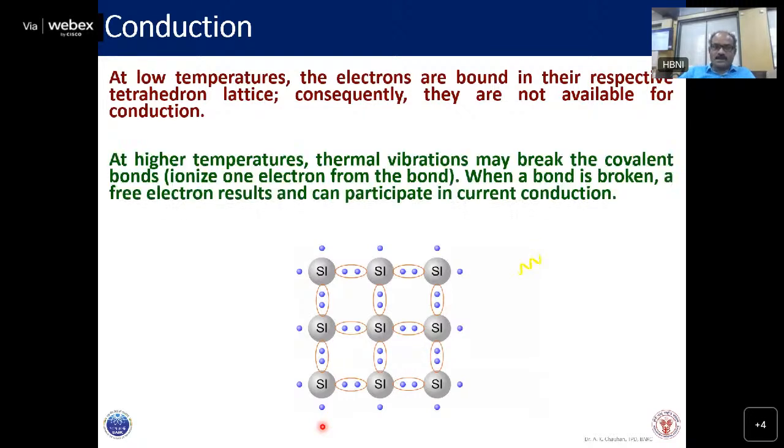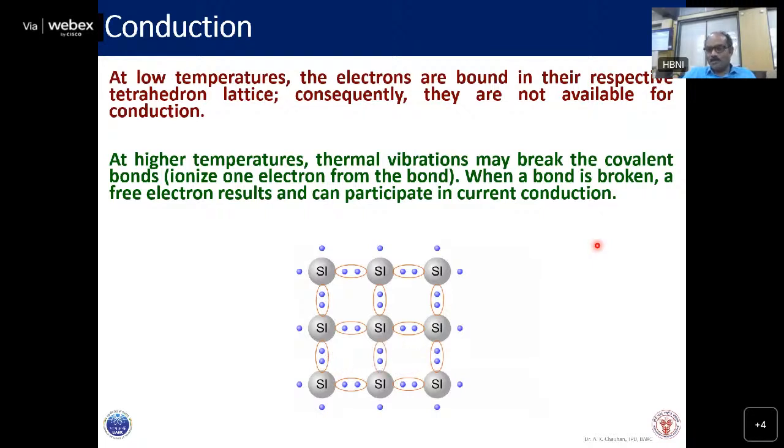As soon as the temperature increases, a slight amount of thermal energy can remove one electron from this bond, and this electron can take part in the conduction. So if a bond is broken, a free electron can be released, and this free electron can participate in the current conduction.